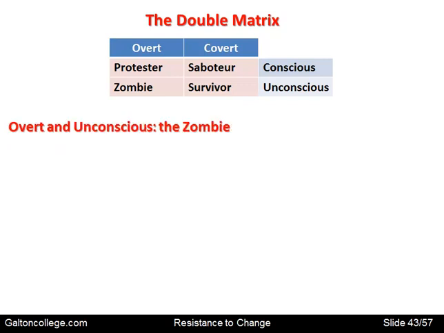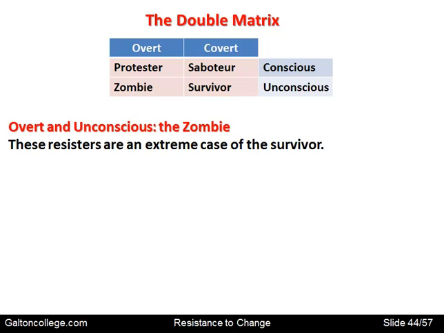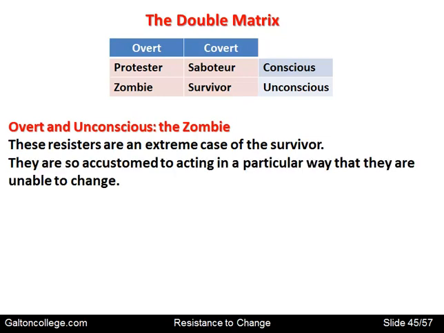The zombie, well, this is overt opposition to something. They're open about their opposition to it, but it's unconscious. They're like the extreme case of the survivor. They are so accustomed to acting in a particular way that they are unable to change.